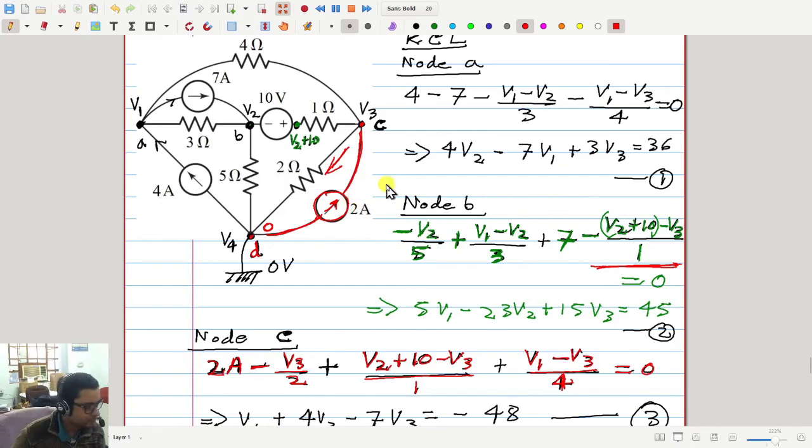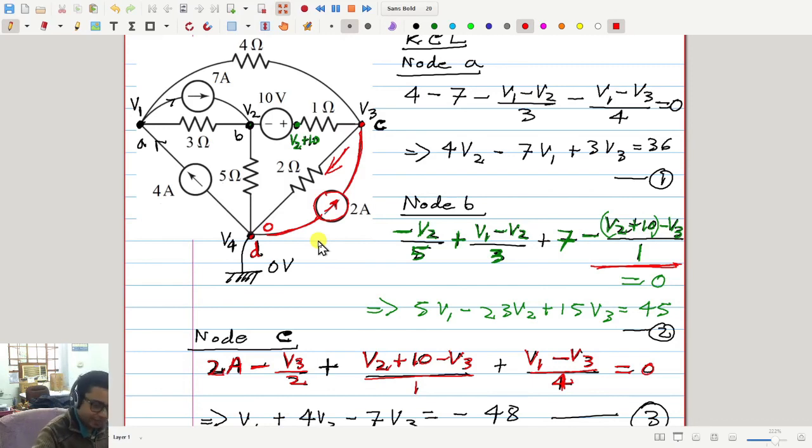But then the values of V1, V2 and V3 may not be perfectly correct, because we can also assume there is a node 0, 0 volt, at C. Excellent question.